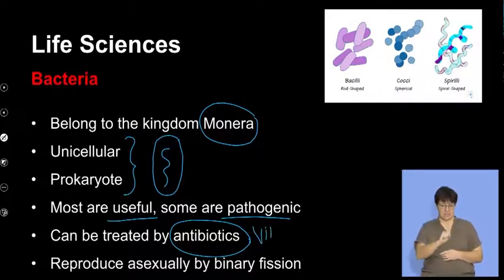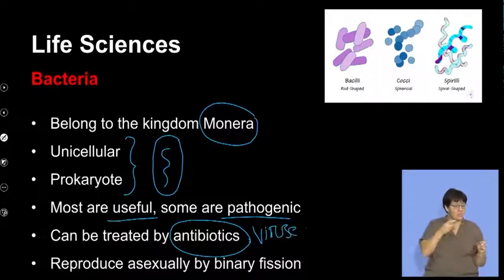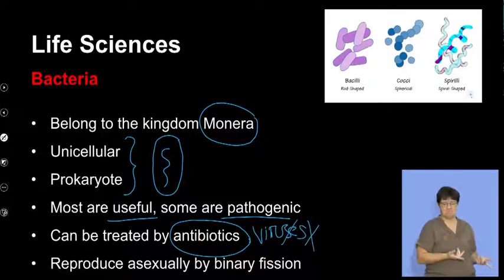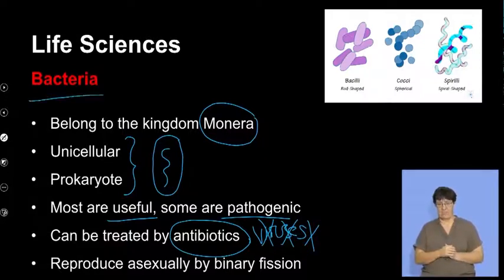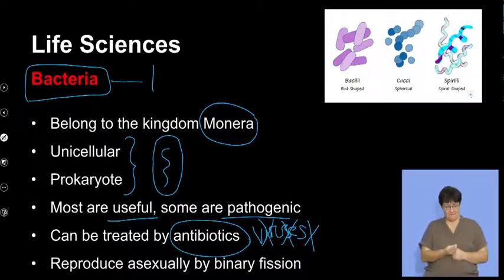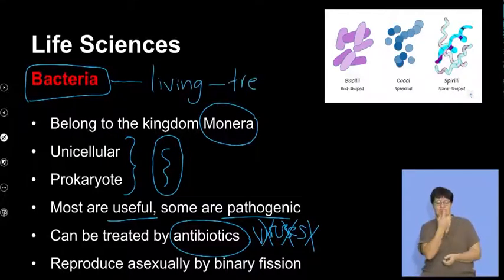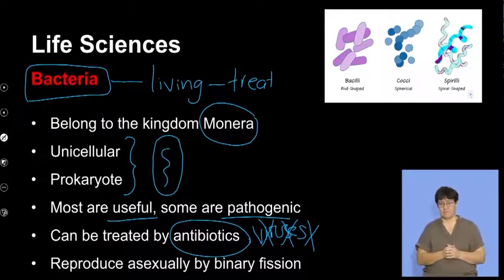Viruses, no. So antibiotics are a medicine, a drug, right, whereby we are going to be able to treat bacteria. Because it's living, and it's a simple concept, we can treat it, right? And the treatment is obviously going to be with antibiotics.